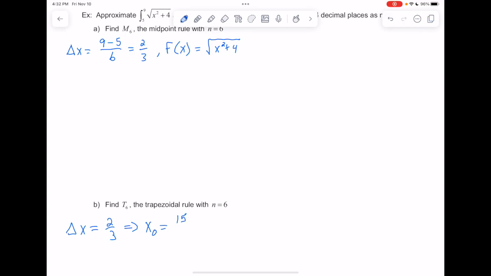So I'm going to do that, and it just makes it easier to add the delta x on the fly. So now x1, I add 2/3, and I'll have 17/3. And then x2, add 2/3, and I get 19/3. And I just keep doing this, adding 2/3 over and over again. Some of these can be simplified, but I'm just going to write them as they come.